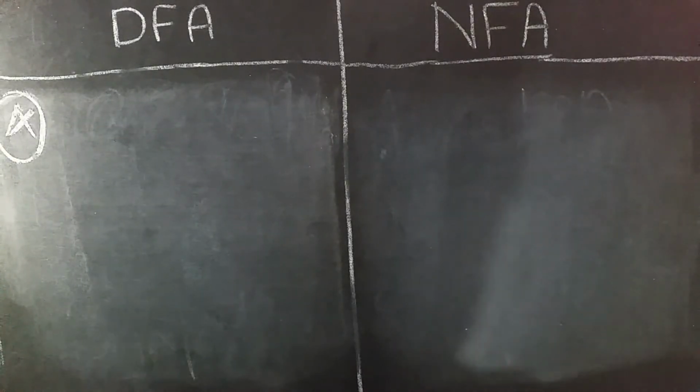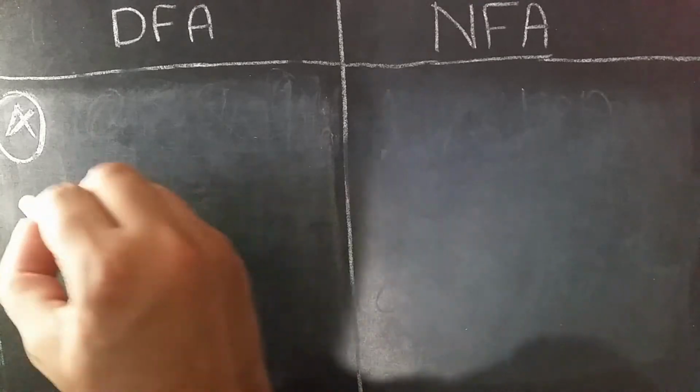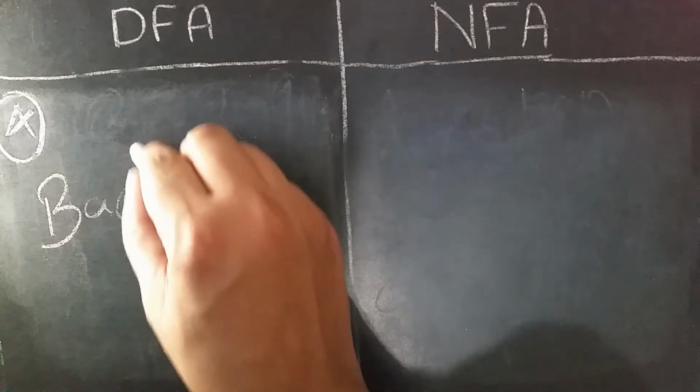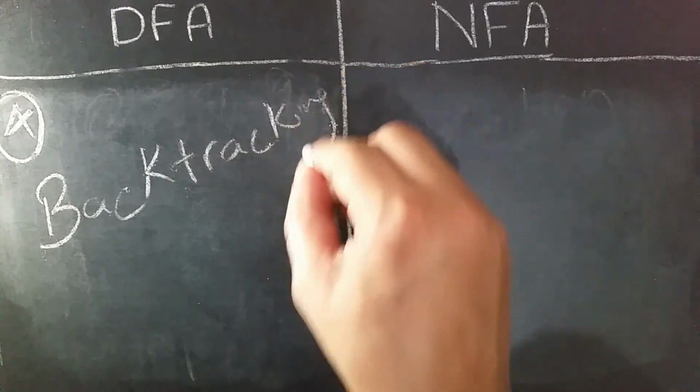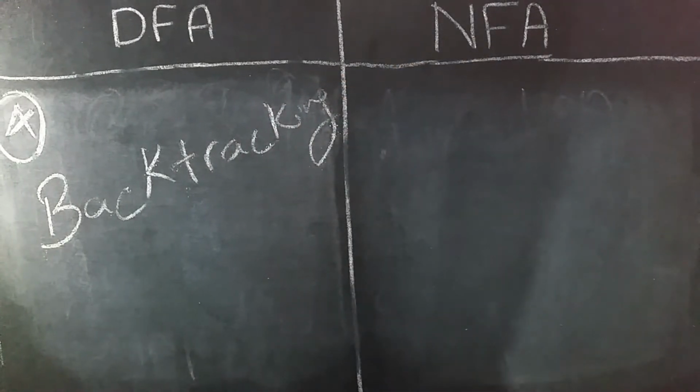The next difference between DFA and NFA is that in DFA, backtracking is possible. This is because it is deterministic, so we can always backtrack. Since for every state, if we have an input, we can determine the next state, we can also do so in reverse. So for every state, if we know the input, we can determine which state it came from.